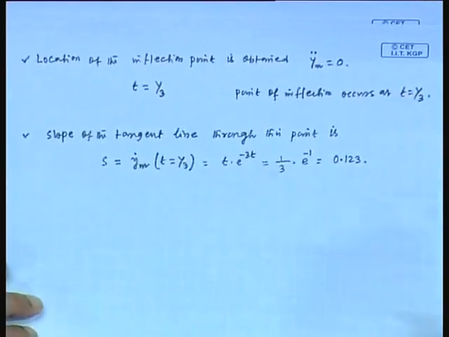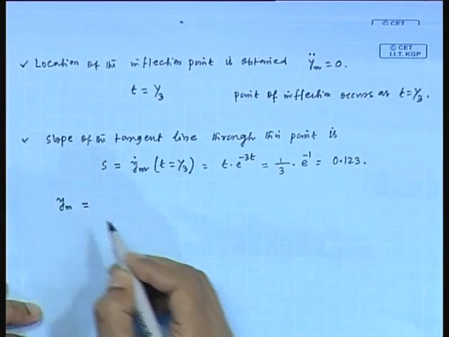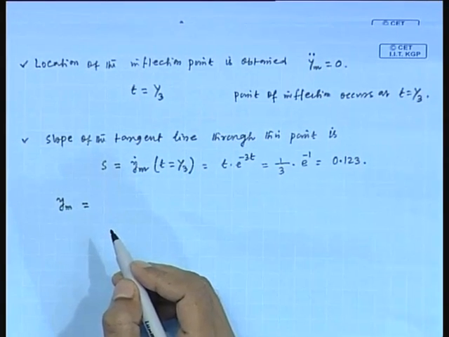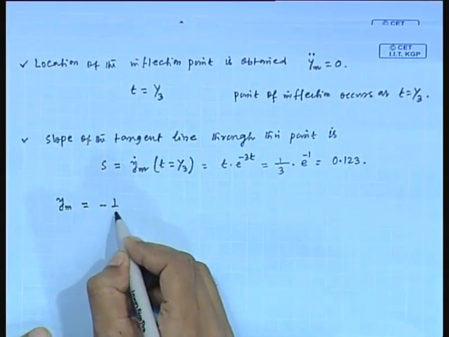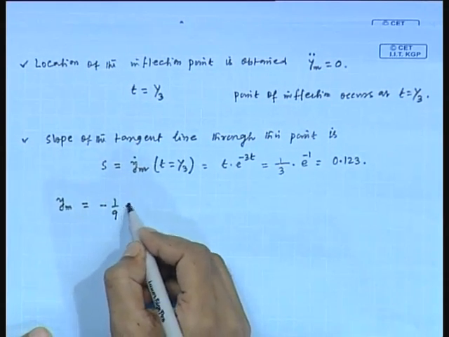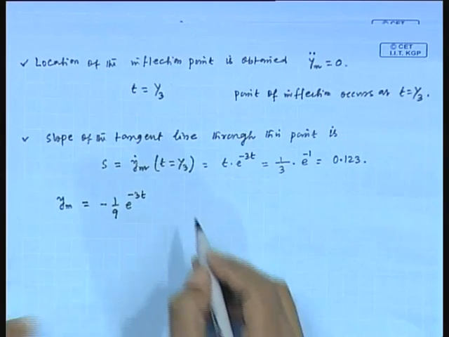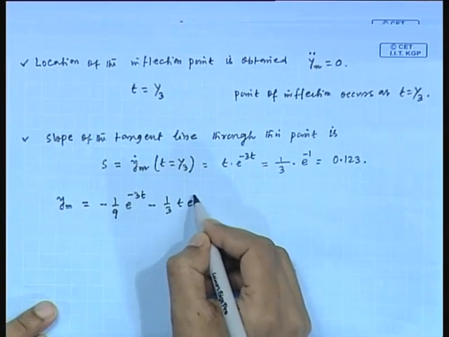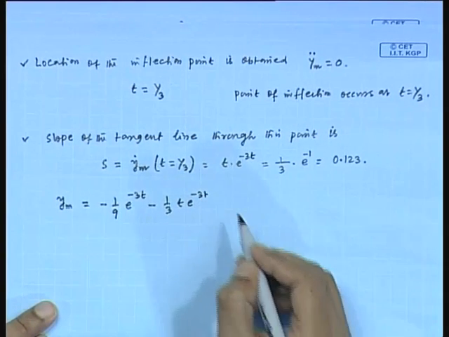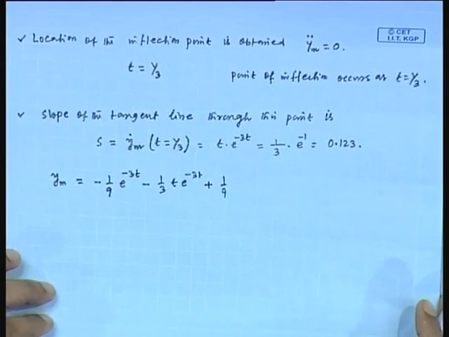We have the expression for Ym, that is minus 1 by 9 exponential minus 3t minus 1/3 t exponential minus 3t plus 1 by 9.